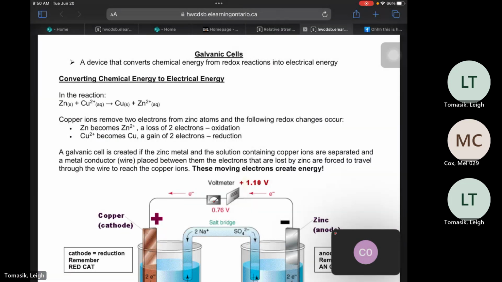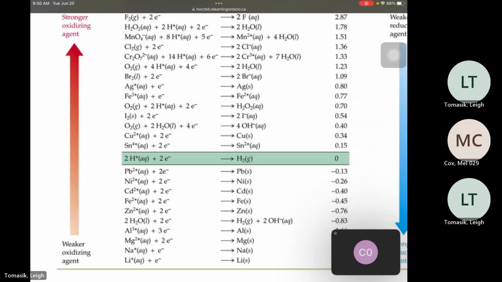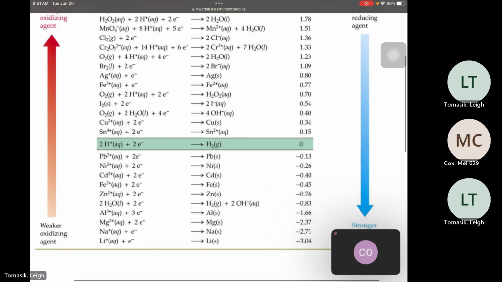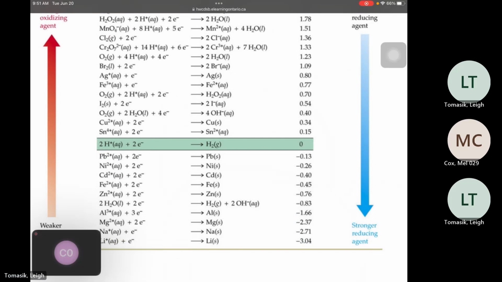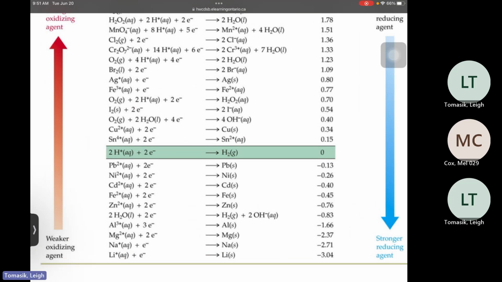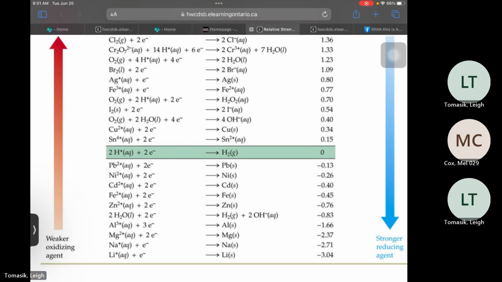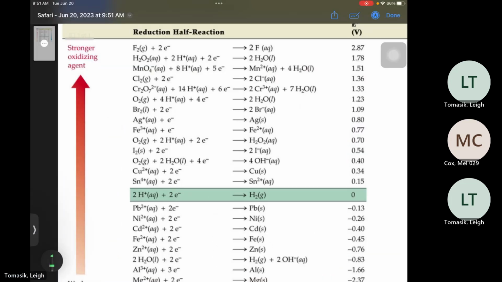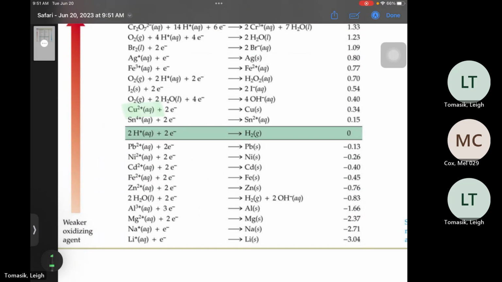Okay, so we have zinc and copper. If we look at zinc and copper, copper is up here, and zinc is down here.